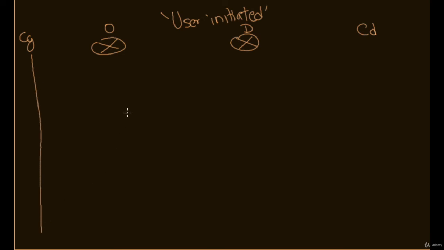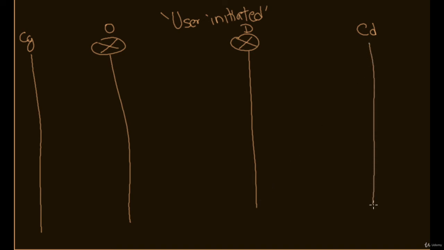Let us take the ISDN example. This is the originating exchange, this is the destination exchange, this is the calling party terminal, this is the called party terminal. Let's say here the called party decides to suspend. So the called party triggers the suspend.